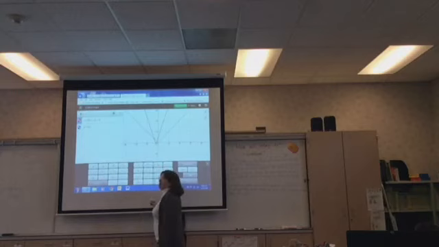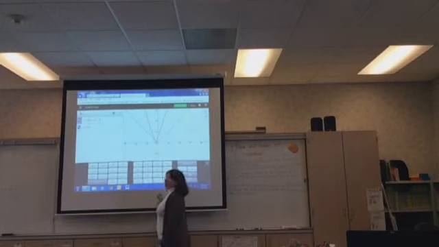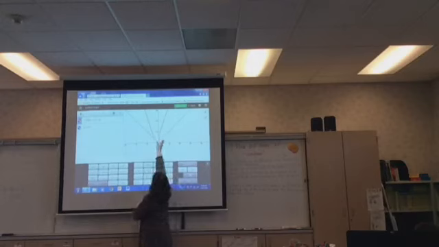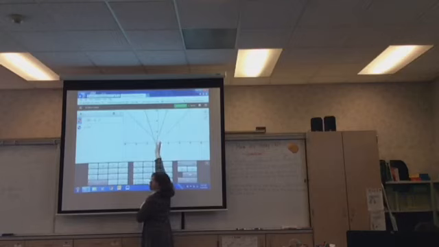How do we describe this line? The blue one or the red one? The red one. That's the angle. Let's talk about the line. Compared to this line right here, this line is what? Is it the same as this line?